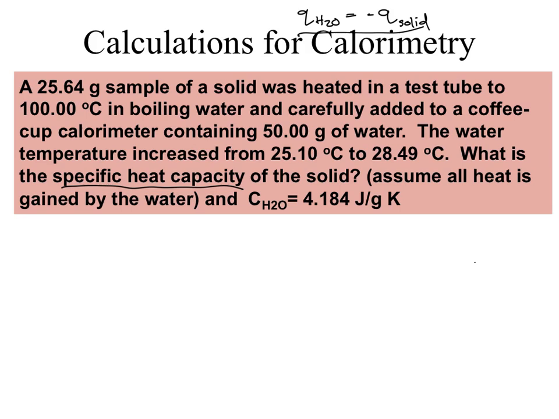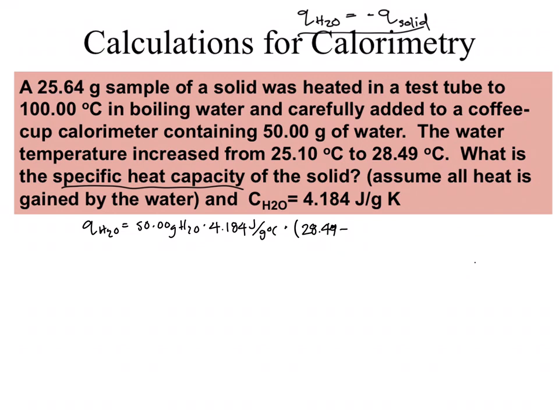So we're going to calculate the Q of our H2O, and we're going to plug in the mass of our water, times the specific heat capacity of our water, times the change in temperature of our water, which goes from 25.10 degrees C to 28.49.